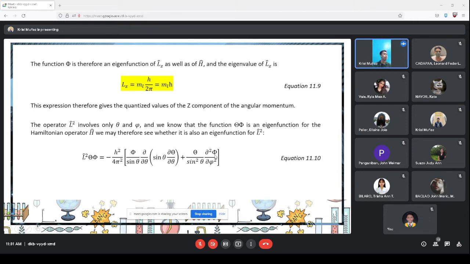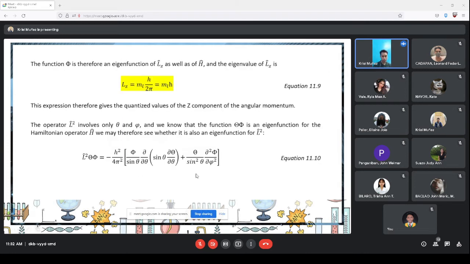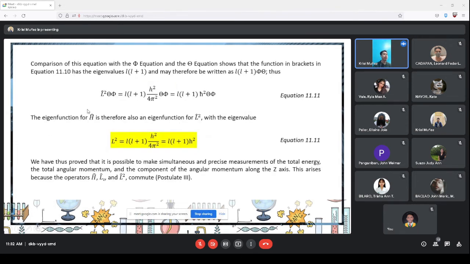Okay? So the comparison of this equation with the theta and phi equations shows that the function in brackets in equation 11.10, this bracket, class, has the eigenvalues L multiplied by L plus 1.